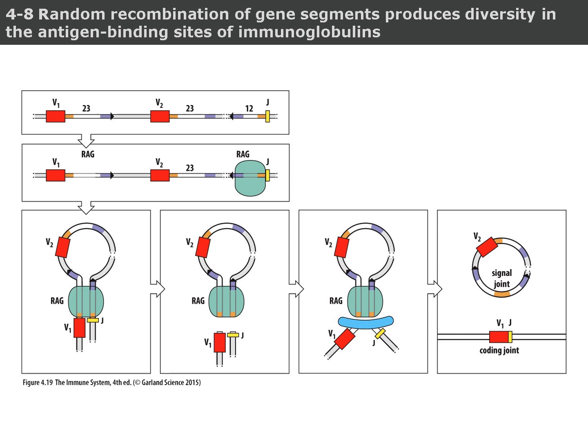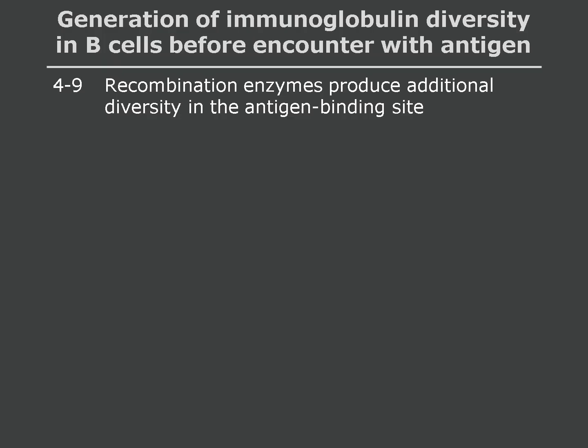Through this process of VDJ recombination, the immune system can generate a vast array of unique antibodies capable of recognizing millions of different antigens. Recombination enzymes produce additional diversity in the antigen-binding site.